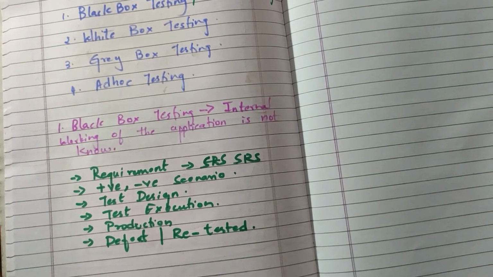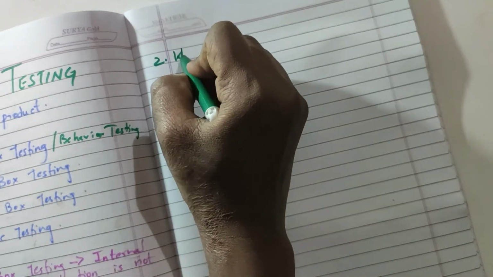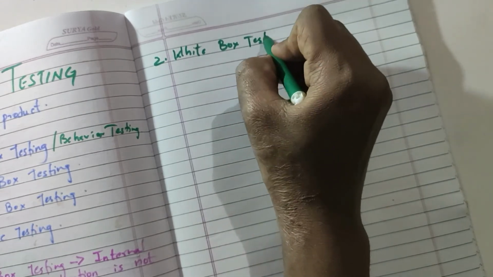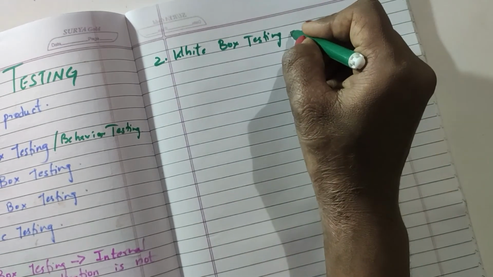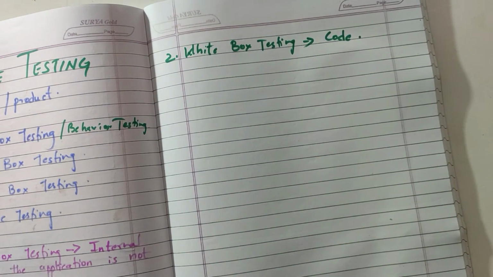Now let's move on to white box testing. In black box testing, the tester does not know the internal working of the application, whereas in white box testing, the tester should have knowledge of the internal working of the application. He should know the code. When you give an input to test, you have to know the code behind it and how it is functioning.